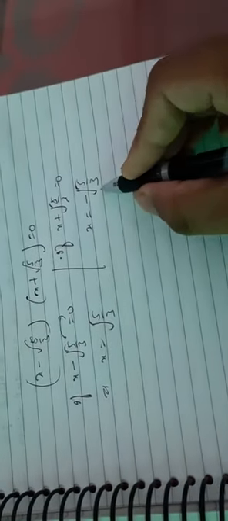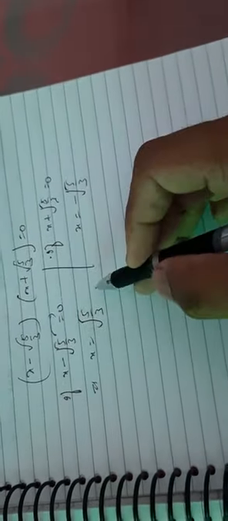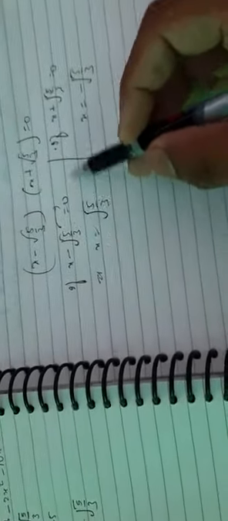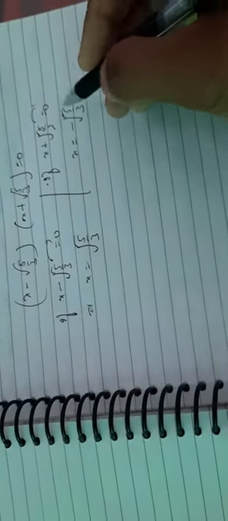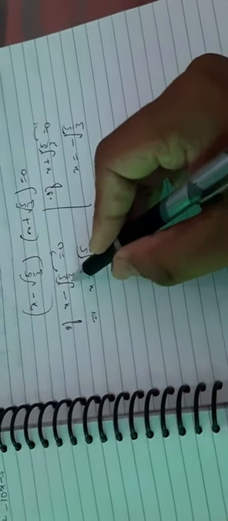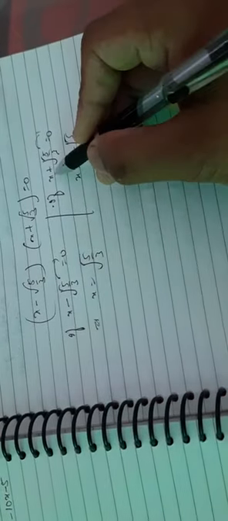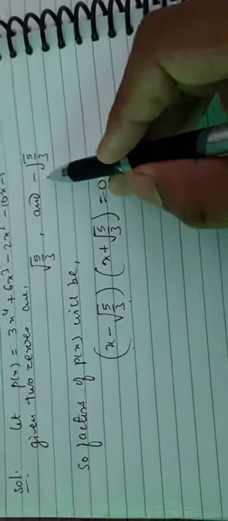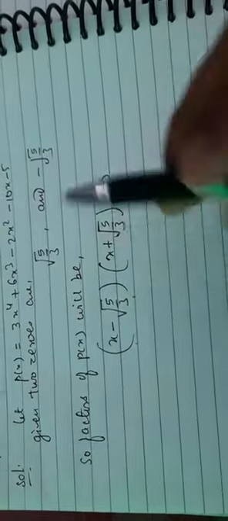So this is alpha, this is beta. The same values are coming, √(5/3) and -√(5/3). That's why the sign changes when we take equal to 0. So this step is clear. If plus is given we take minus, and if minus is given we take plus.